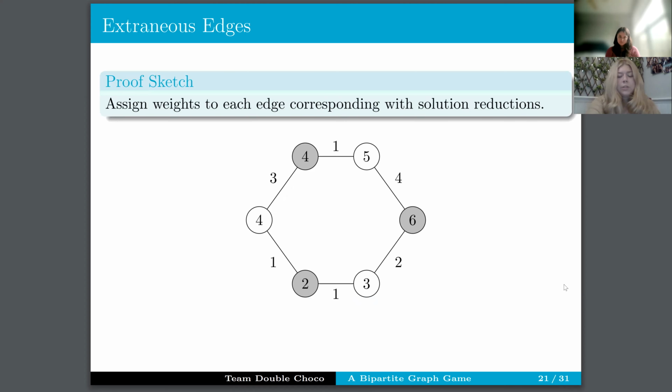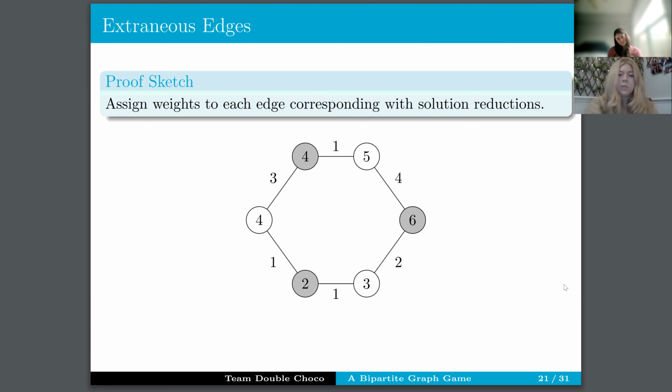And what you're going to do is subtract 1 from that weight, and then going in a counterclockwise or clockwise fashion, as long as it's in the same direction, you're going to then add 1 to the following edge, and then subtract 1, and then add 1, and then subtract 1.